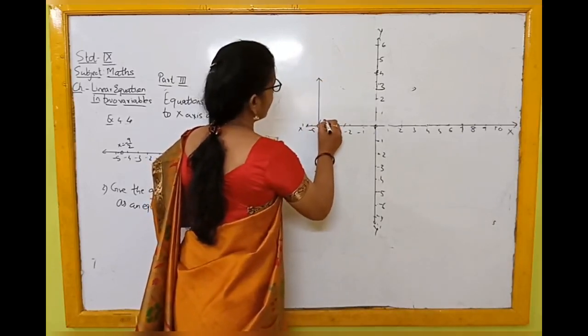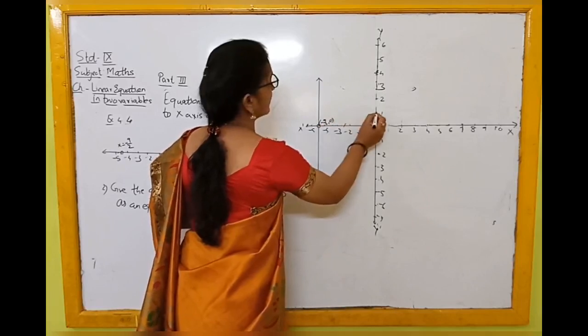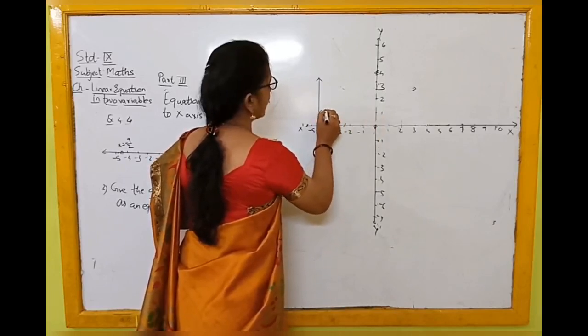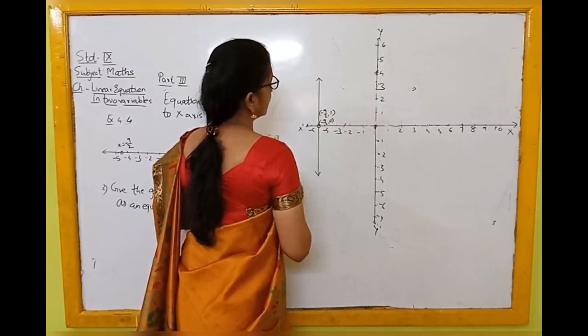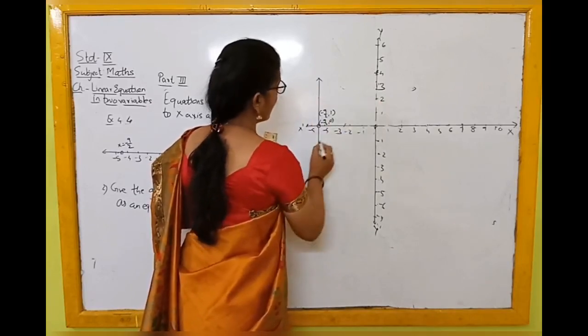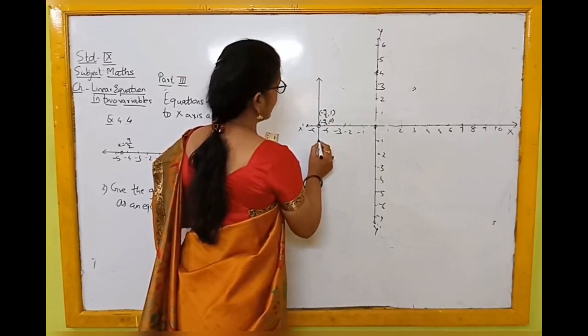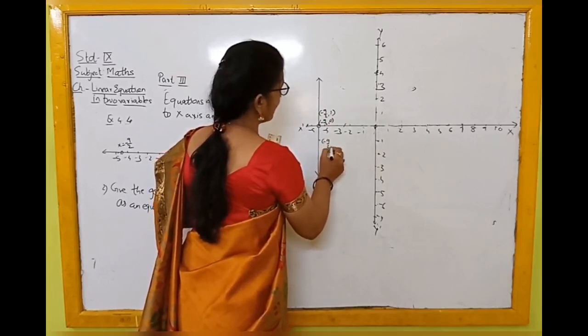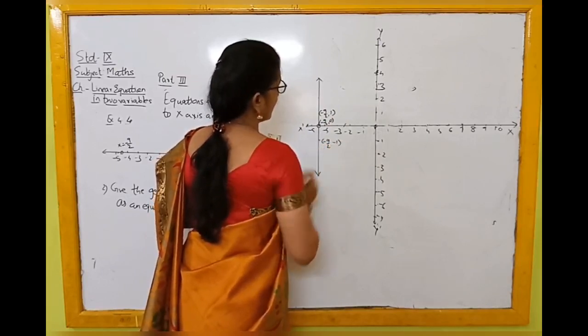So this is minus 9 by 2, 0. This point is minus 9 by 2, 1. This one minus 9 by 2, 2. This one is minus 9 by 2, minus 1.